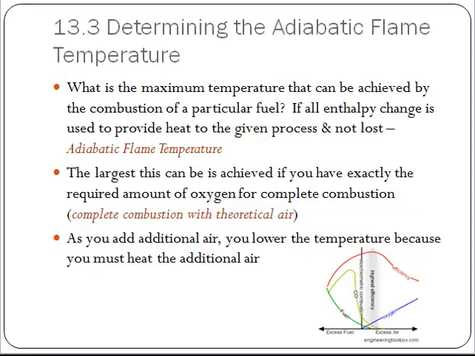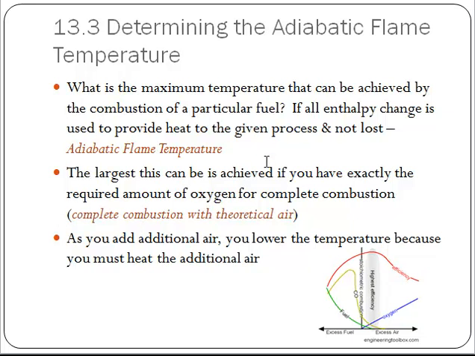So if we want to talk about an adiabatic flame temperature, we're going to assume that there is no heat transfer, so Q is going to be 0. And there's no work in a fire, and therefore we really are just going to have the enthalpy change equal to 0.